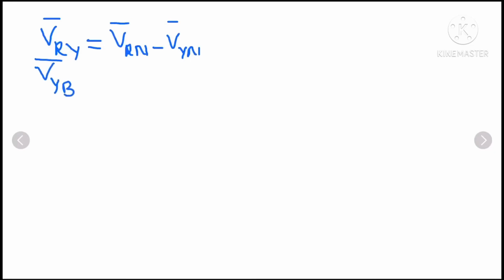If you know the vector quantities calculation, we can see VRY, if it is a vector, can be considered as VRN minus VYN. Similarly, VYB will be your VYN minus VBN.